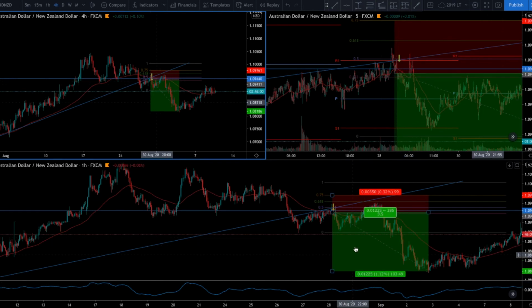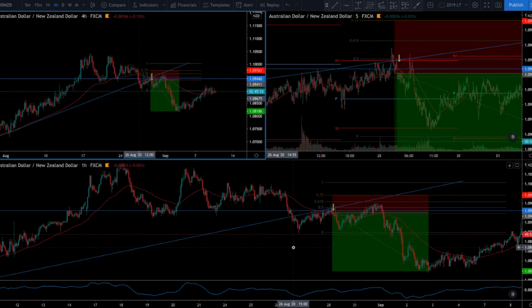I actually used this trade in another video just as an example of a good clean stop placement and not choking your trade with your stops, and having it at good levels with lots of barriers for price to have to break through to prove your trade wrong.